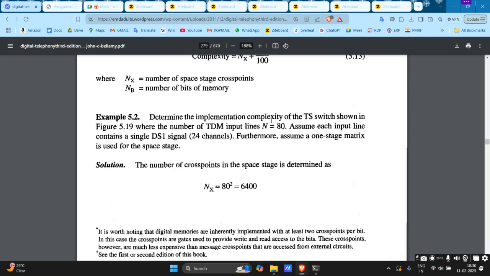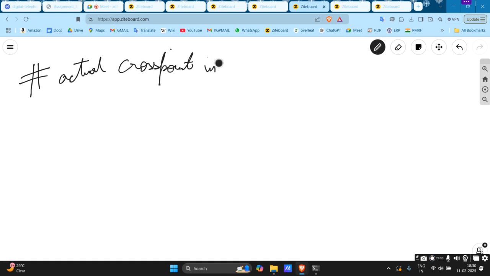So the number of actual cross points is the number of cross points used in the space stage, because in time division you don't have any cross point, so you just divide the memory by 100 to get the number of equivalent cross points. But in the space stage you have actual cross points.